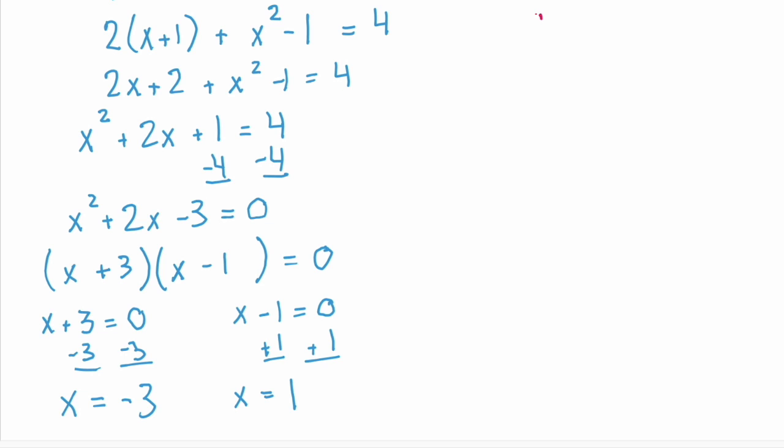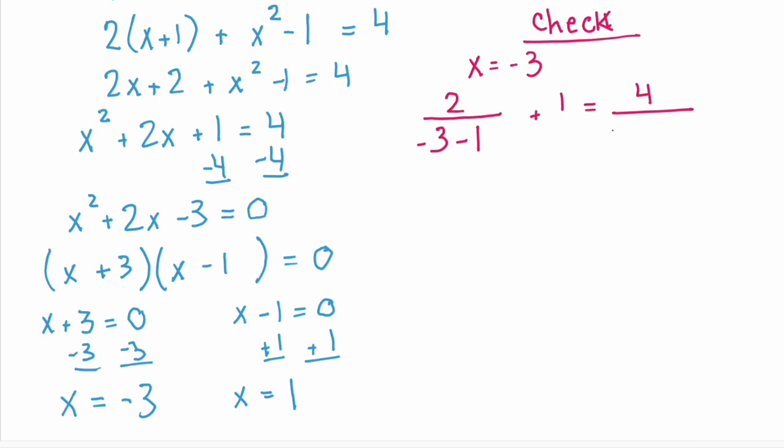So next is to do that check. So let's check x equals negative 3 first. If we plug that in, remember, plug it into your original equation, we get 2 over negative 3 minus 1 plus 1 equals 4 over negative 3 squared minus 1. And we'll start simplifying.